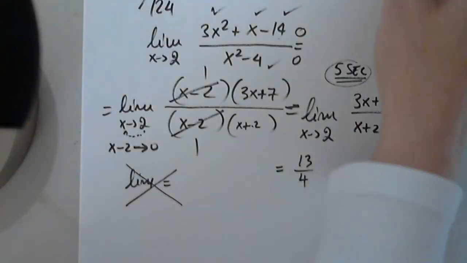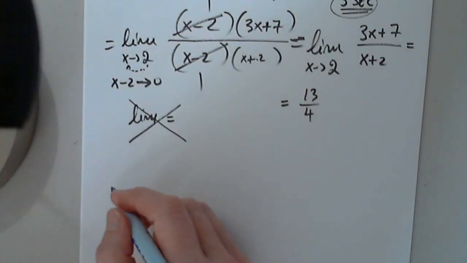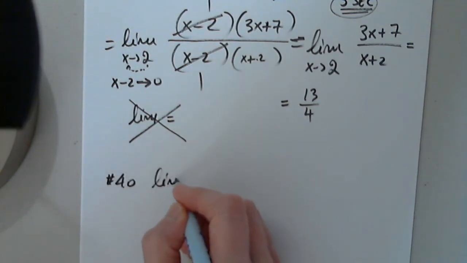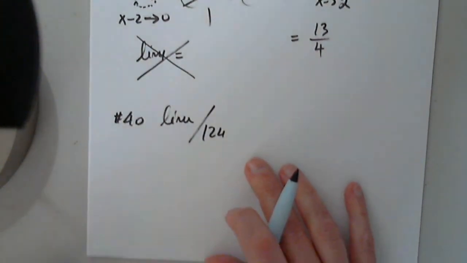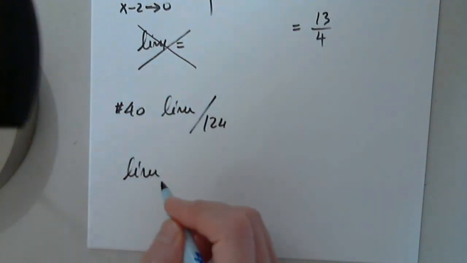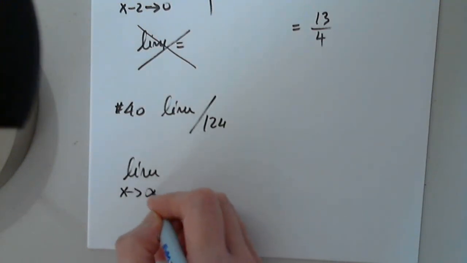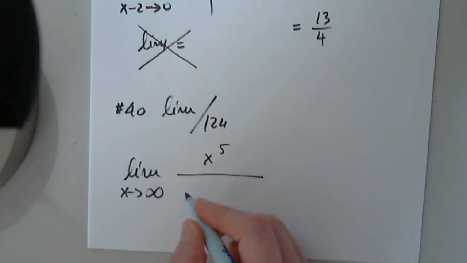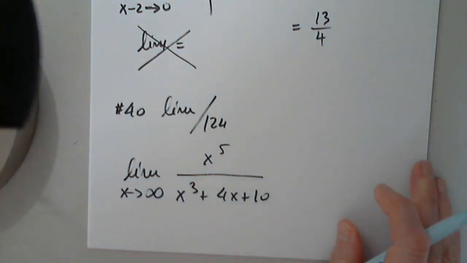Perfect. Okay, so here's another limit. Let's say I would like to look at problem 40 on the same page, 124. Ah, look at that. I'm writing without looking. So x approaches infinity, x to the 5th divided by x to the 3rd plus 4x plus 10.